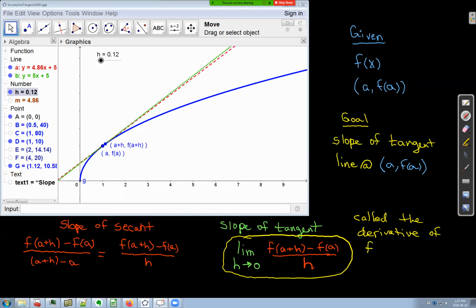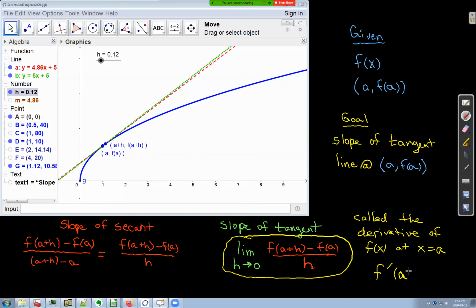It's called the derivative of f of x at x equals a, because we have to be specific. If you picked a different point, then you'd get a different tangent line, and then you'd get a different number here. The shorthand notation we often use is the prime notation.